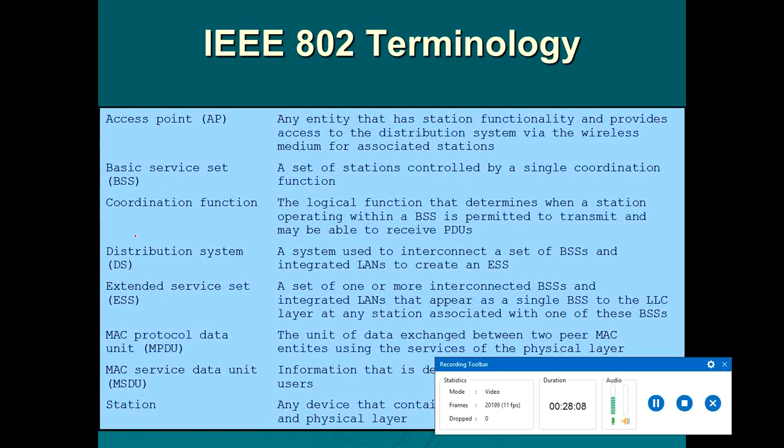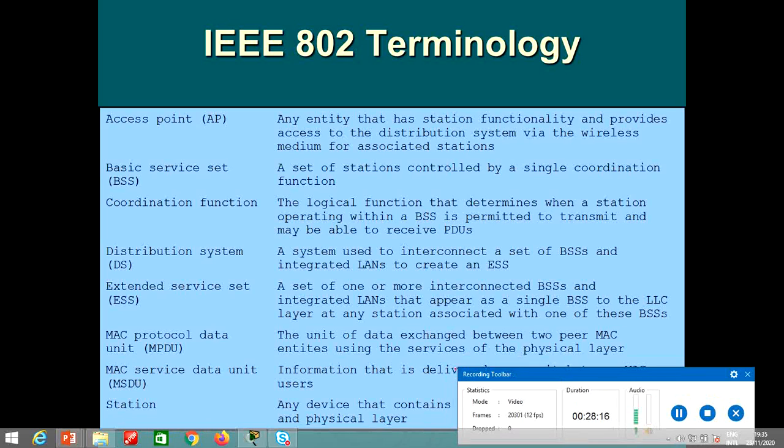Okay, now let's talk about some terminology related to wireless LANs, which is very, very important. Access point: a station or device that provides access to the distribution system via the wireless medium.